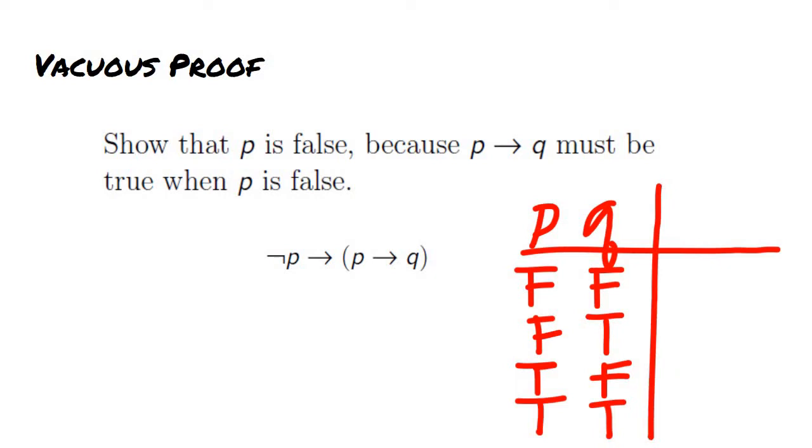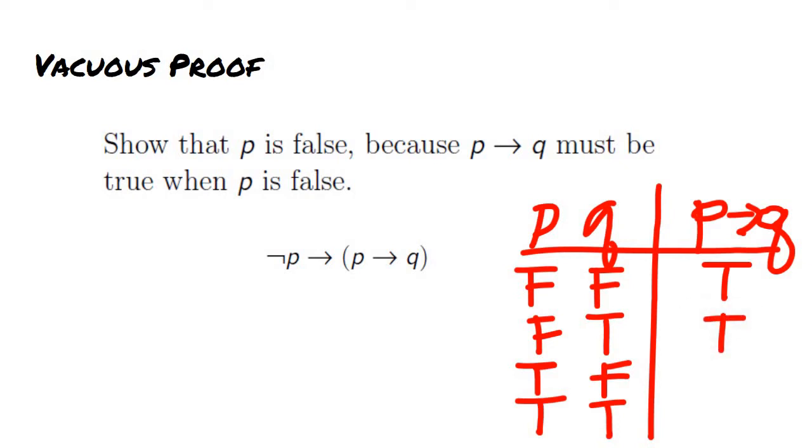The implication, if we recall, gives us truth when it is false implying false, truth when it's false implying true.